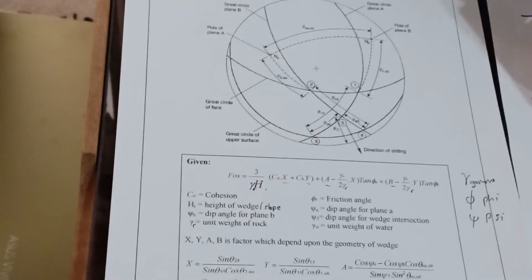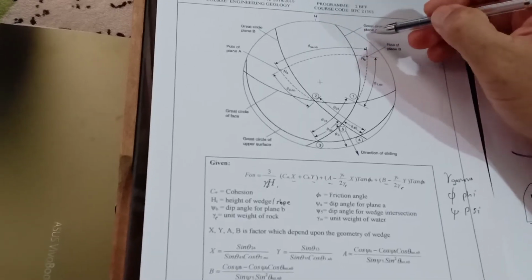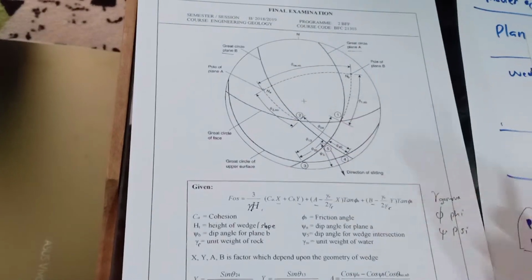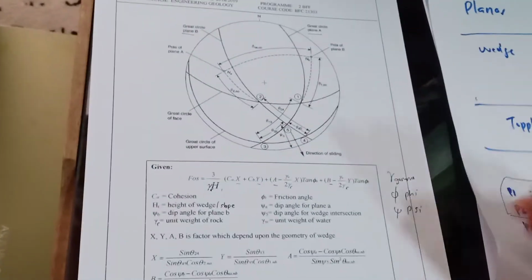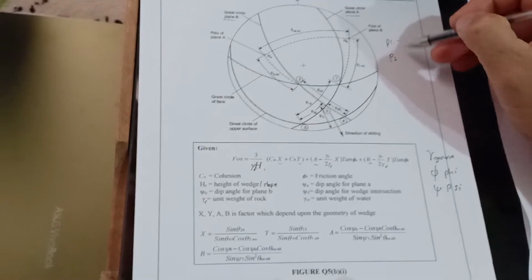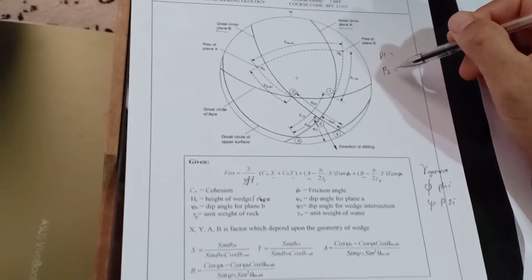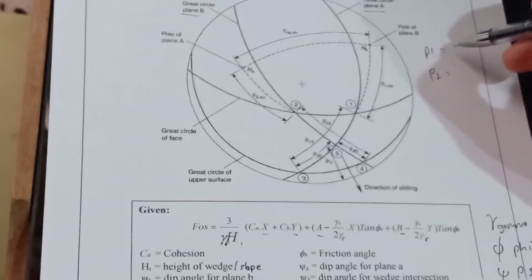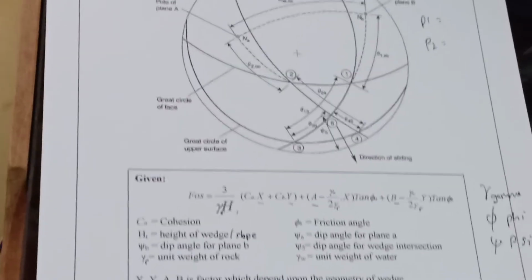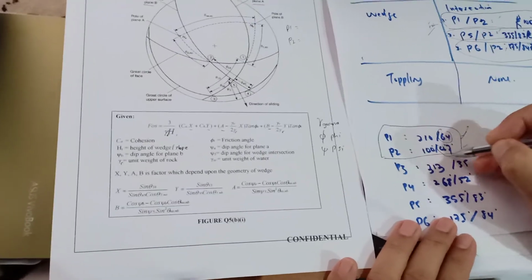First you have to find what is plane A and what is plane B. In this case, we have 2 planes in the intersection, P1 and P2. Now we have to decide whether P1 or P2 becomes A or B. To choose whether it is A or B depends on their dip angle.